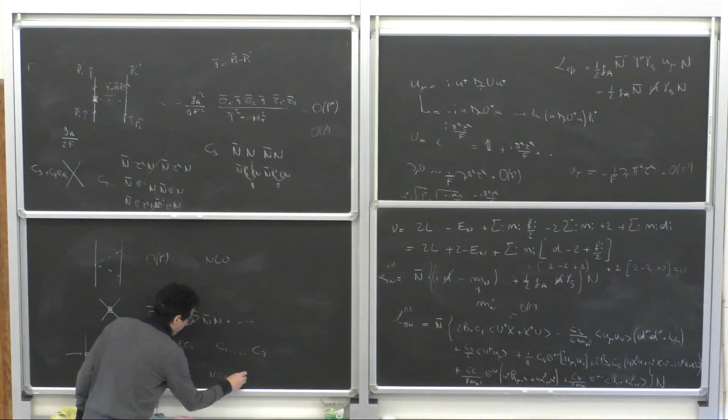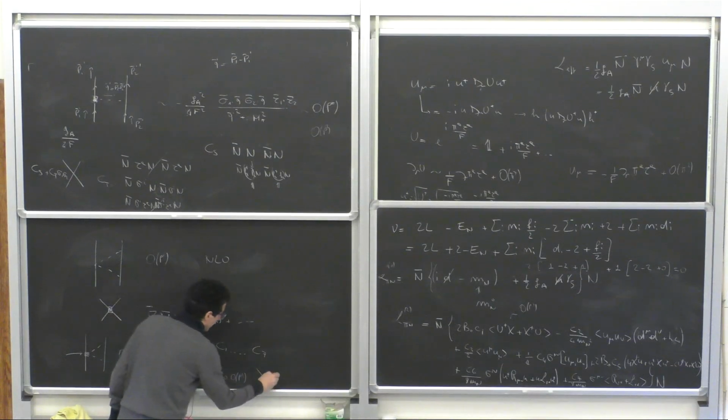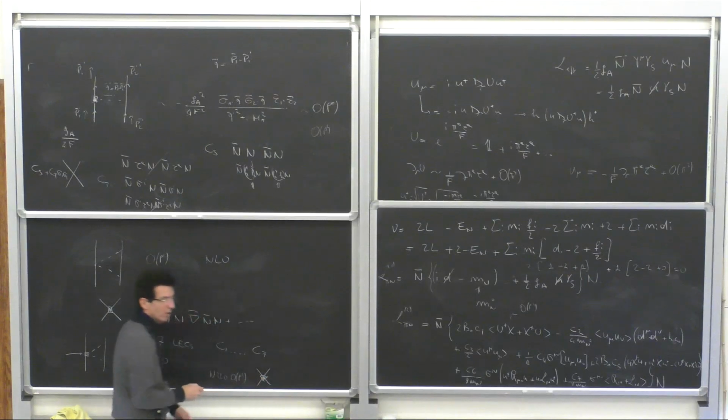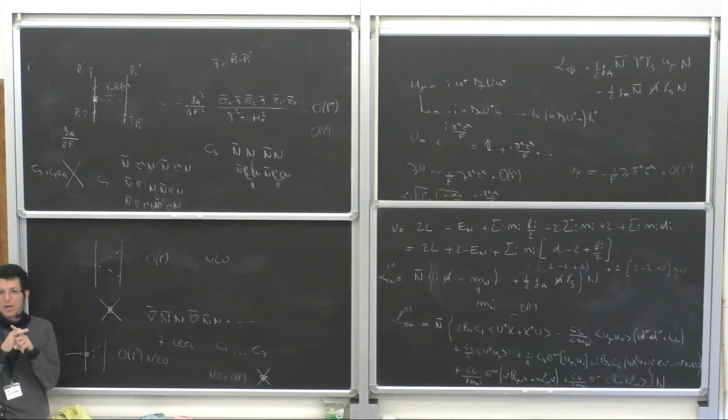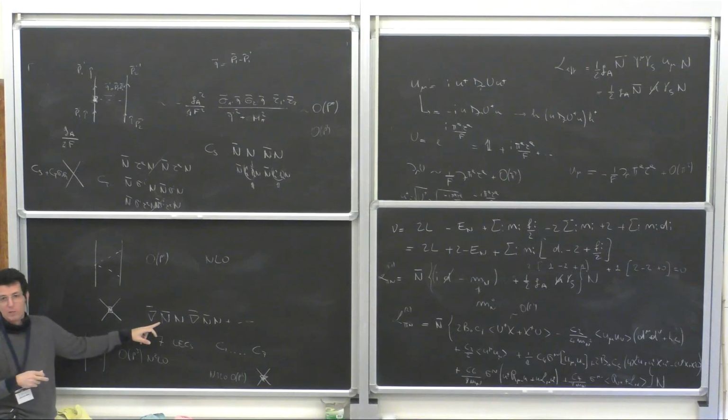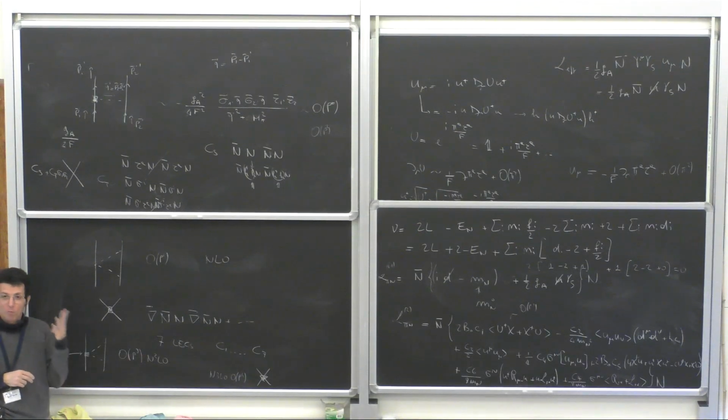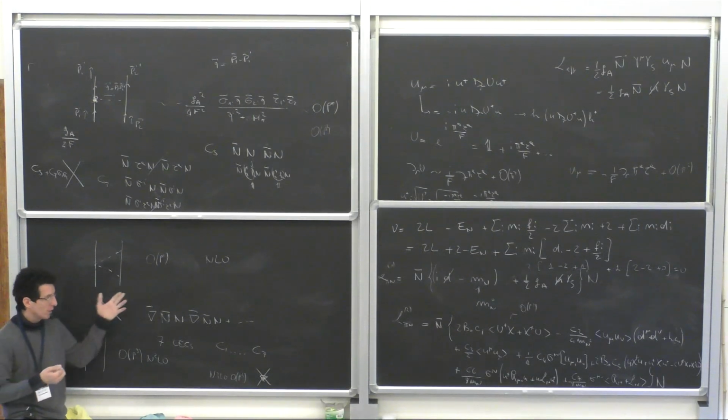Order P4. There will be, let us put here a triangle, contact diagrams with not 2 powers of soft momentum, but 4 powers of soft momentum. Notice that the number of derivatives must be even because of parity.